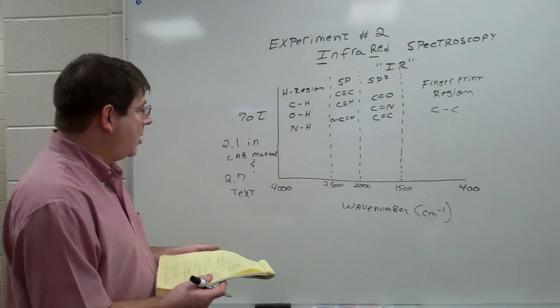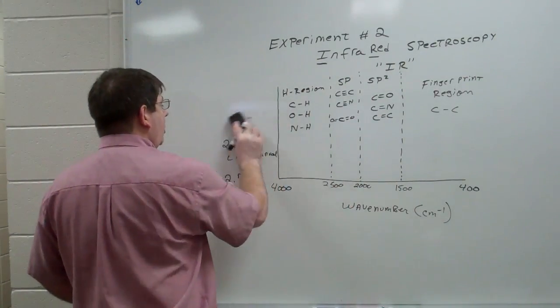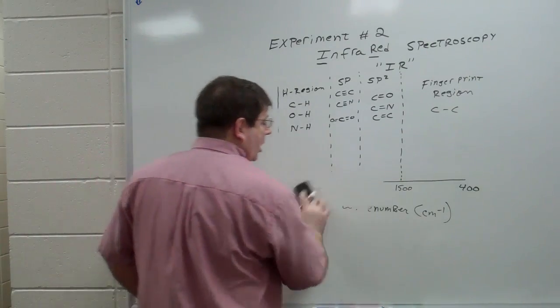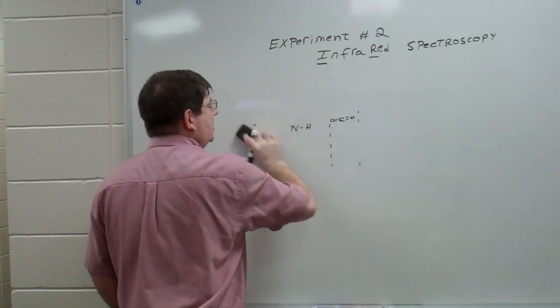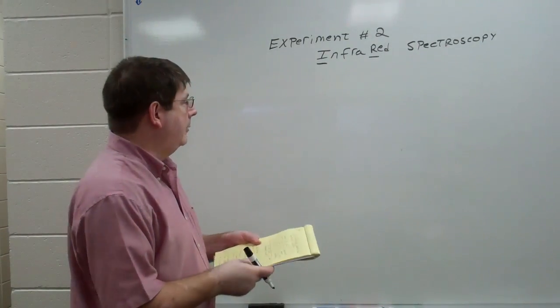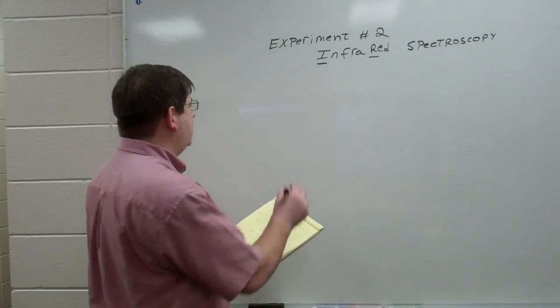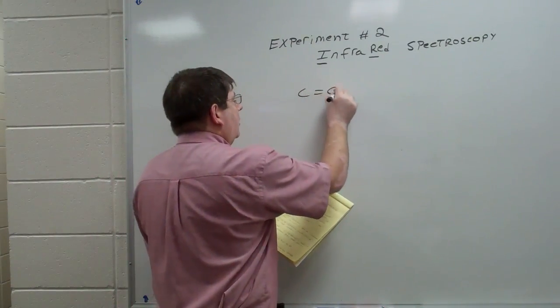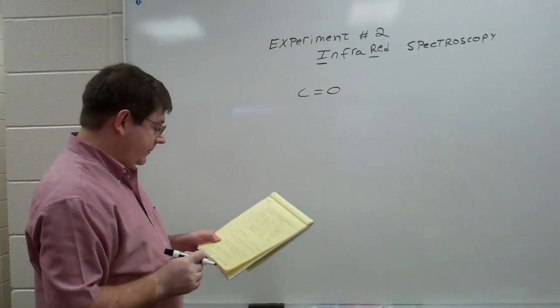Okay? So let's talk about some common stretches. I'll go ahead and erase this real quick. We'll talk about some common stretches that you need to know and really commit to memory because they appear so often on exams and in organic chemistry. The carbon-oxygen double bond stretch, again, is going to appear in that sp2 region.